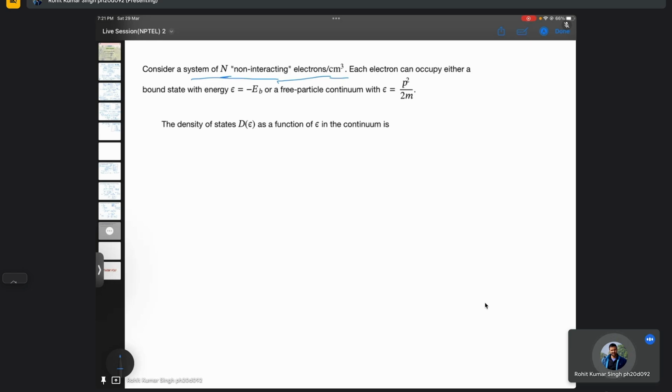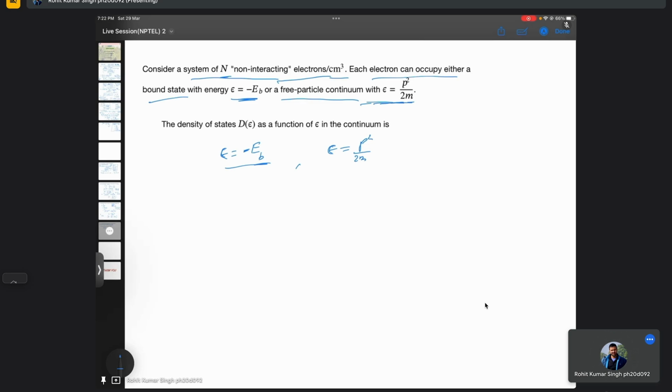And each electron can occupy either a bound state with energy minus EB, or a free particle continuum with energy p square by 2m. So this is the case when you have a gas of such particles and they are free to move around, so they will have this energy.